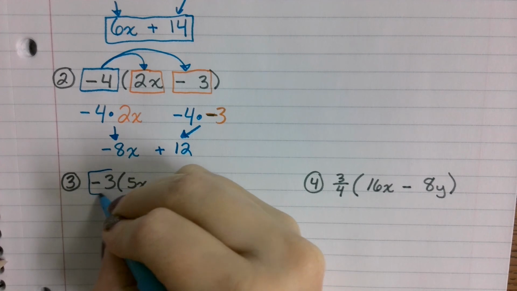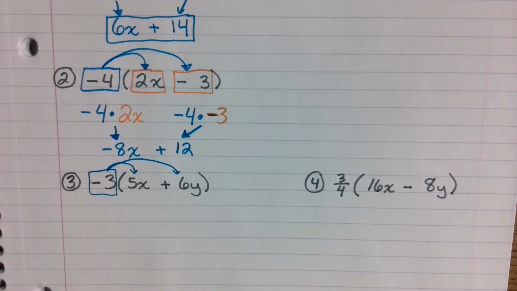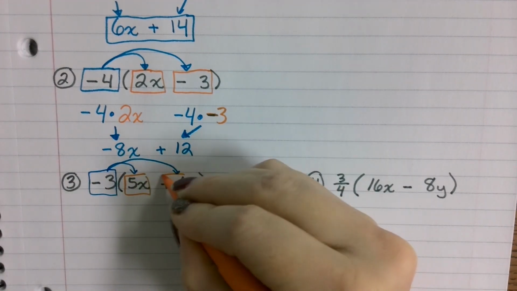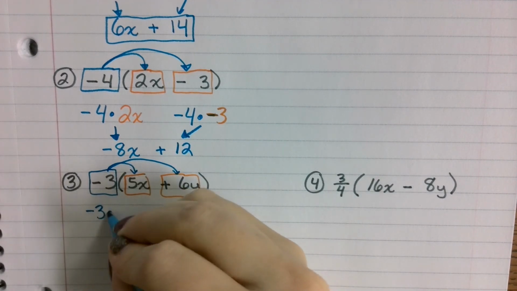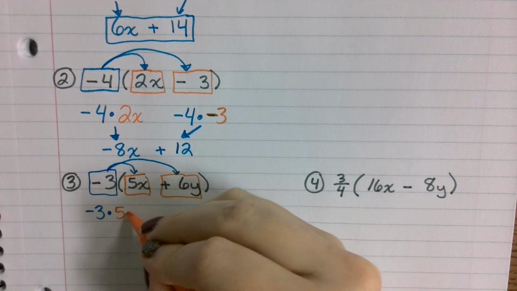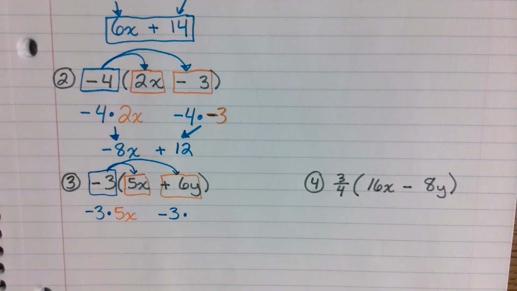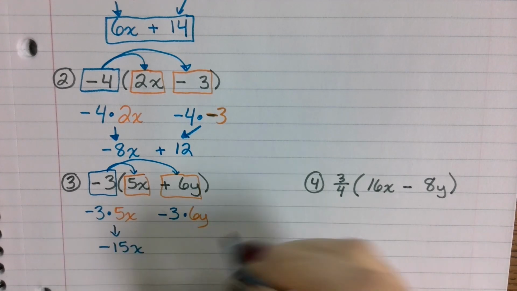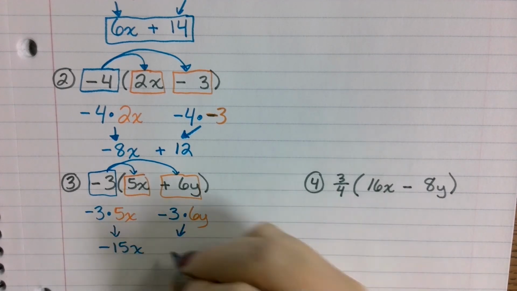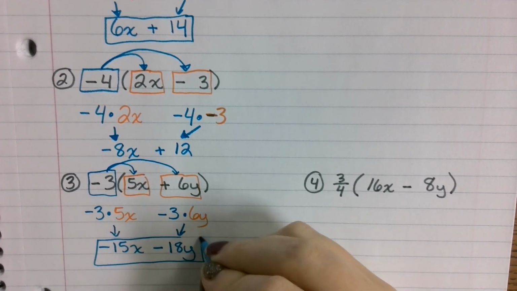So Krishna said he distributed the negative 3 to both terms. We have a 5x and a positive 6y that we're distributing it to. So that means we're doing negative 3 times 5x, and we're doing negative 3 times 6y. Negative 3 times 5x is negative 15x. Negative 3 times 6y is negative 18y. And there's our final answer.